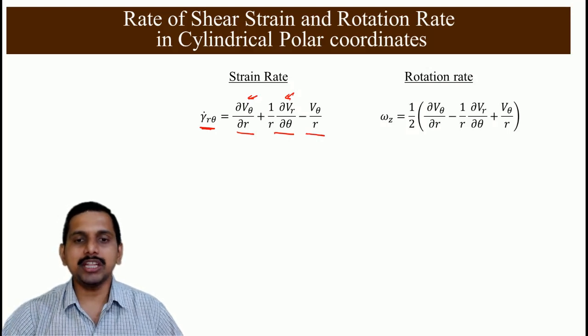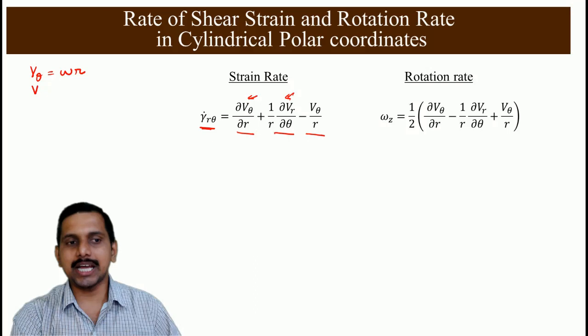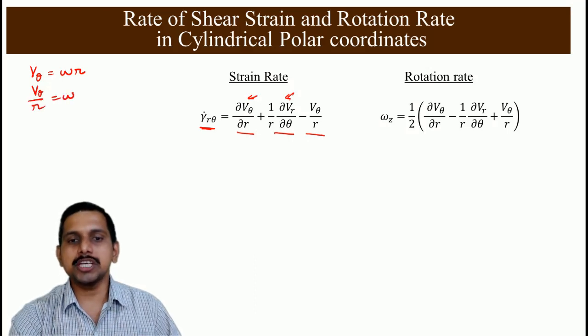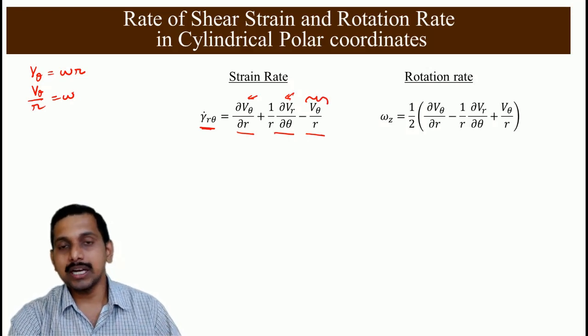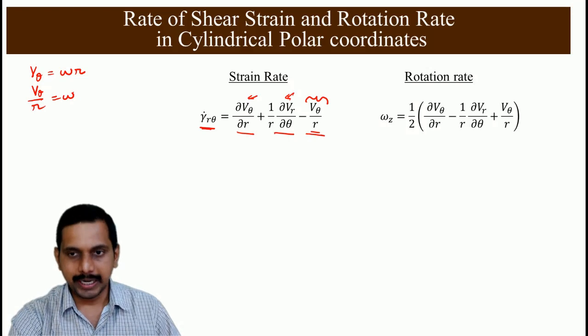Now this v_θ/r, if you observe, v_θ can be given as omega into r, and v_θ/r is nothing but omega, the angular velocity. So that gets minus here in the case of strain rate.